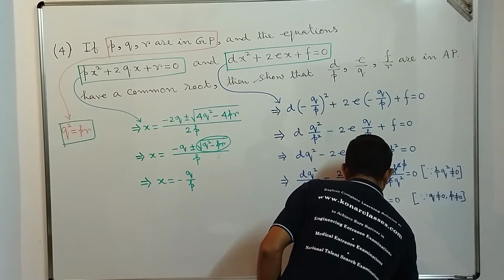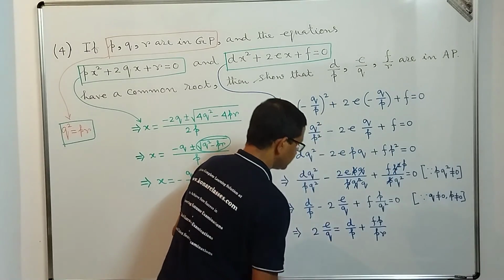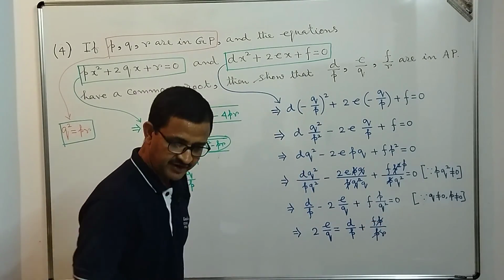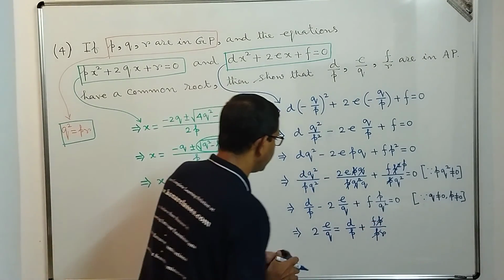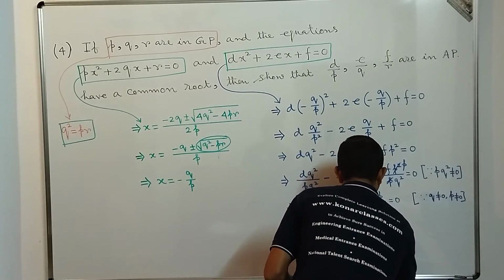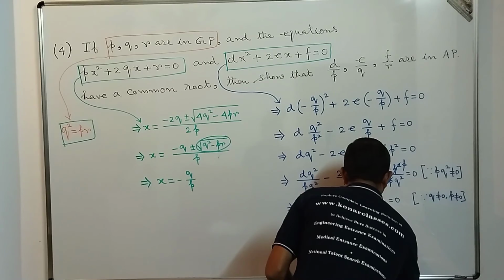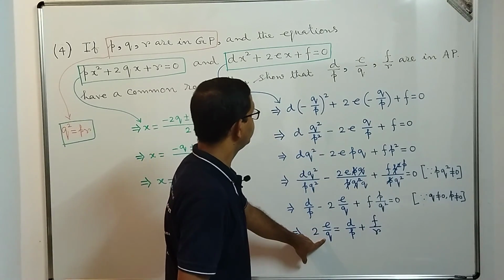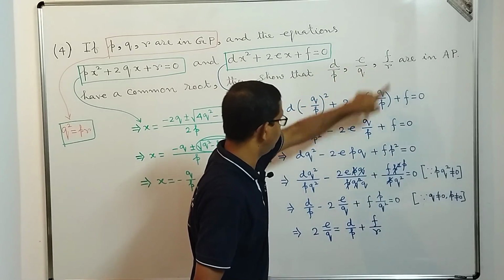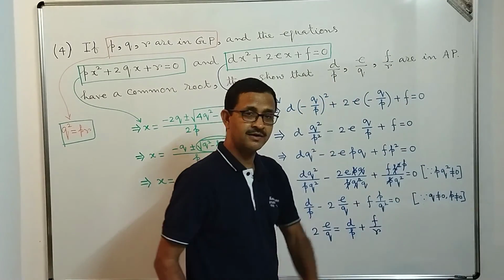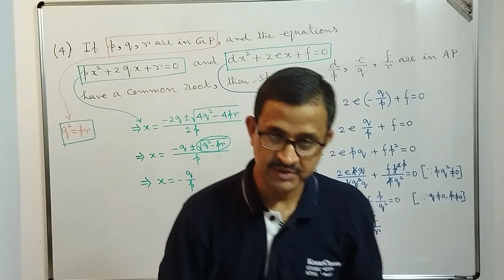So now this p and this p get cancelled. Finally we get f by r. Correct or not? So 2 into e by q is equal to d by p plus f by r. That means d by p, e by q and f by r are in AP. We are able to prove it.